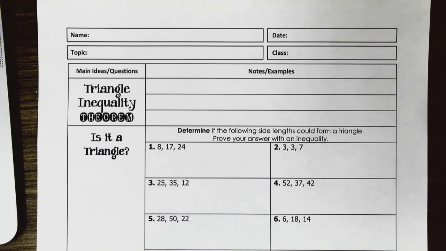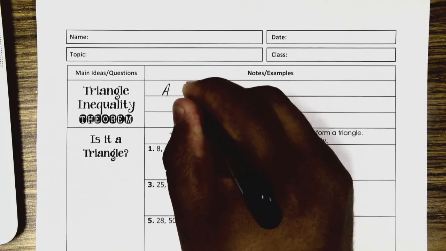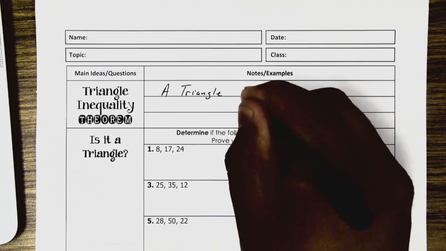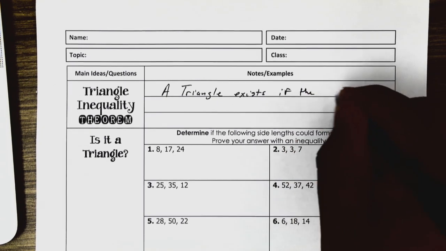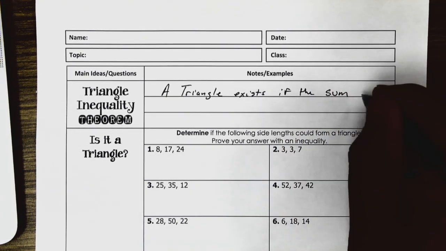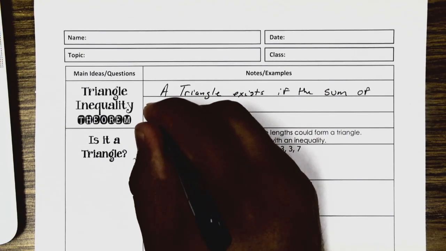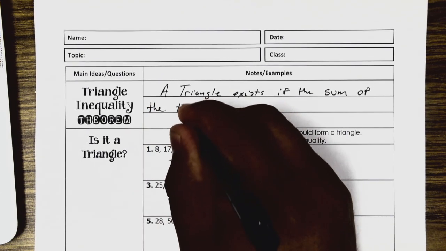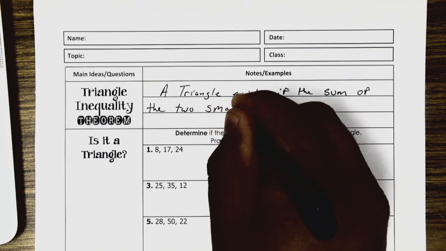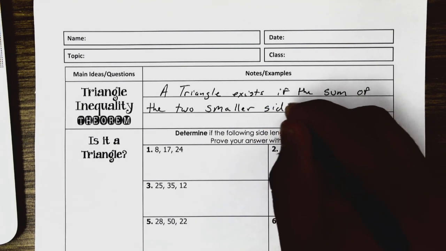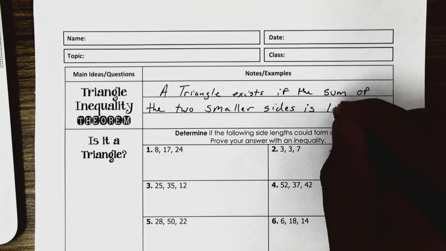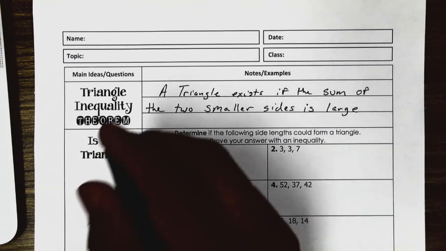So before we get into that, first thing we want to do is define what the triangle inequality theorem is. So a triangle exists if the sum of the two smaller sides is larger than the third side.